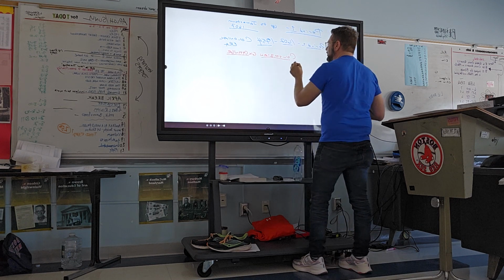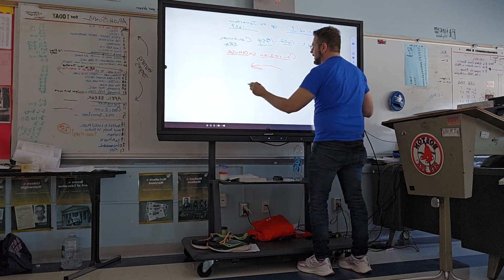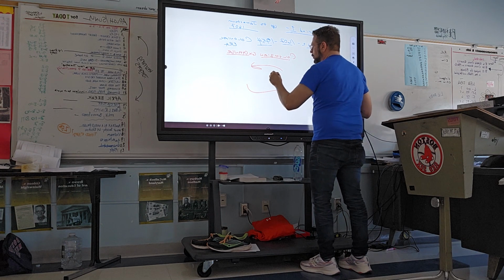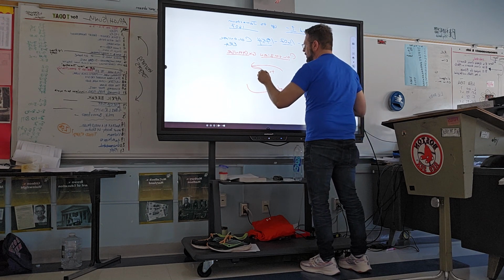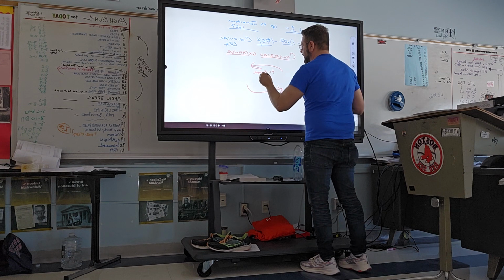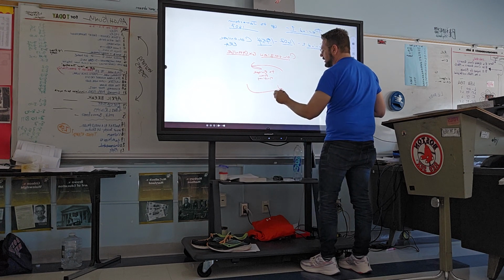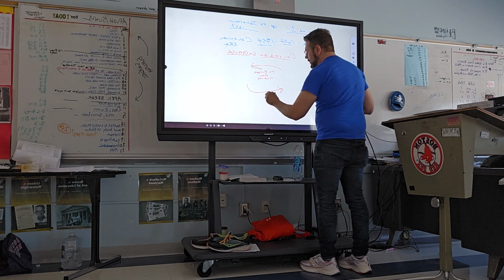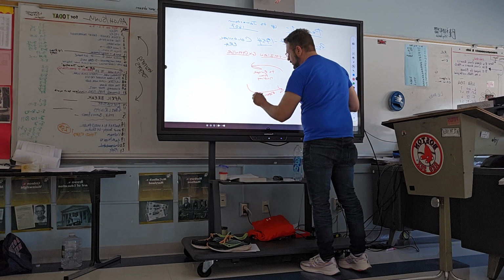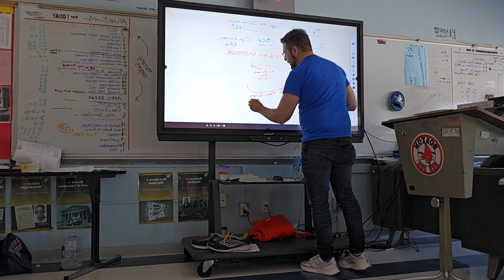The Columbian Exchange was things that came to Europe from the natives, and then things like disease and horses that went from Europe to North America.